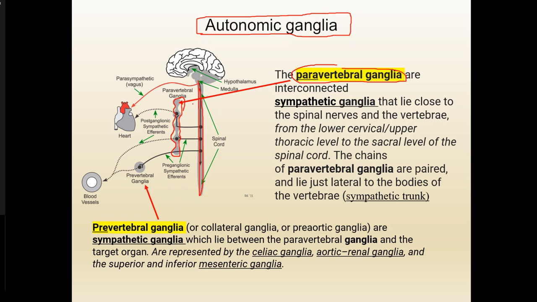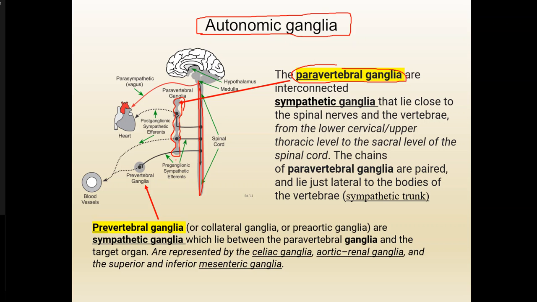These actually span pretty much the whole length of the spinal cord, from the lower cervical area to the sacrum, basically. And of course, they are present on the left and on the right as well.